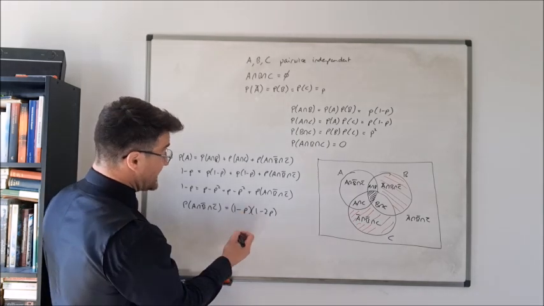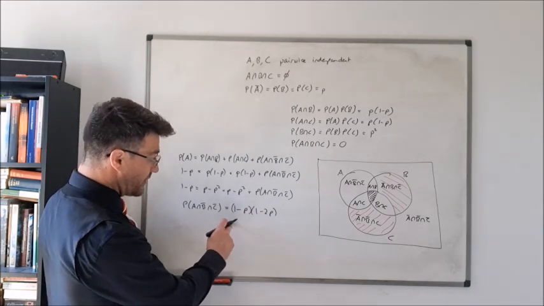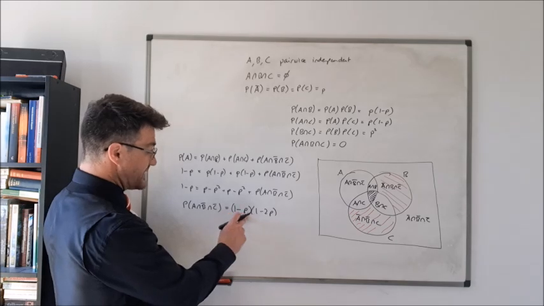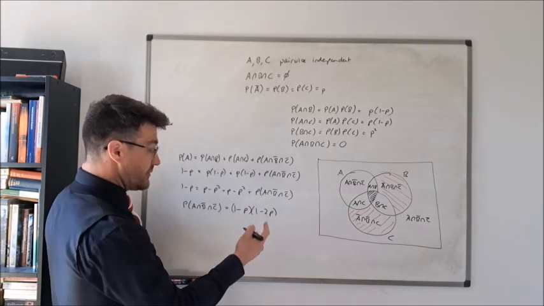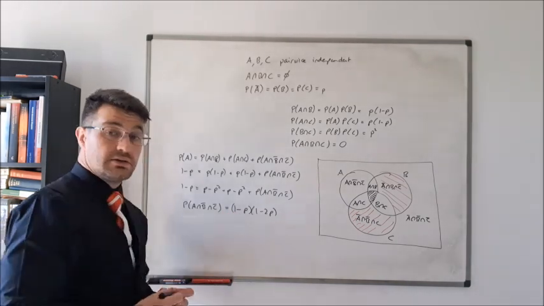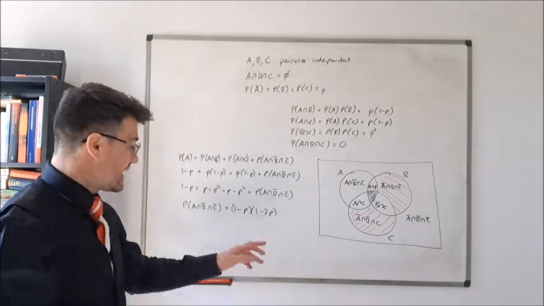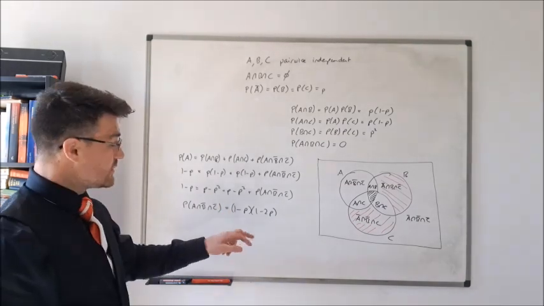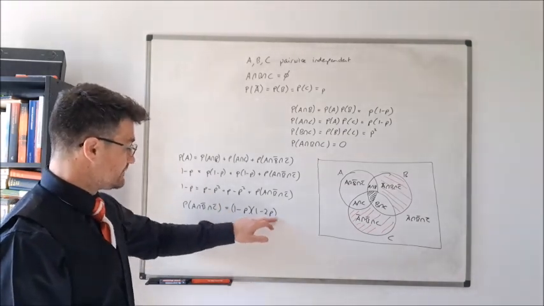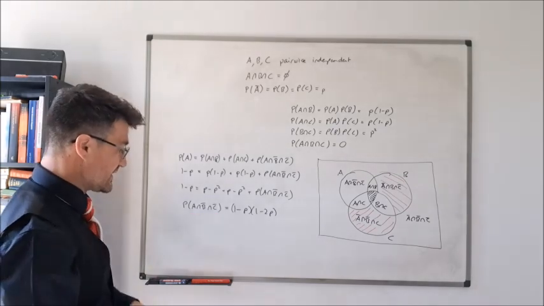So we certainly need P to be less than or equal to 1, otherwise this would be less than 0. But we also require P to be less than or equal to a half, because when P is equal to a half, this will be 0, and therefore this probability will be 0.